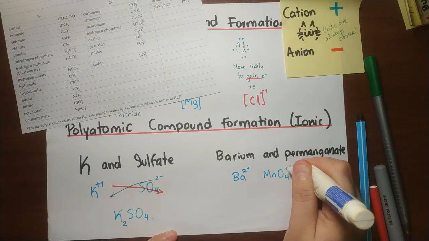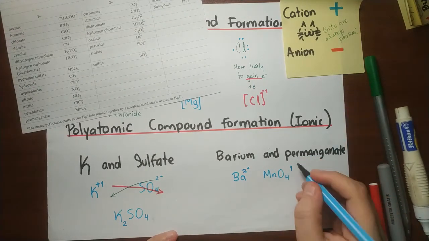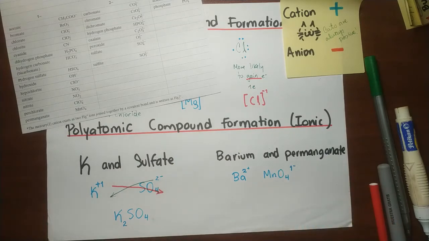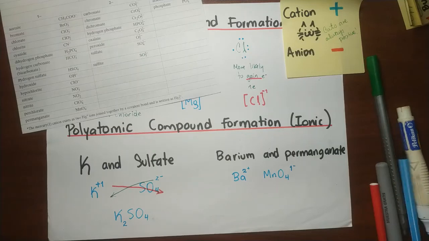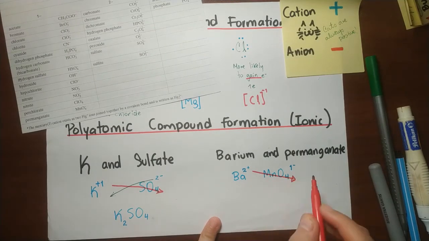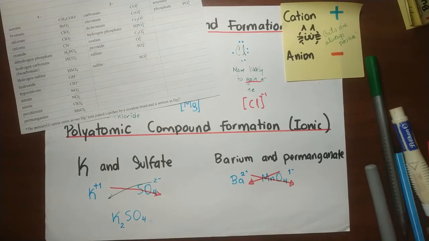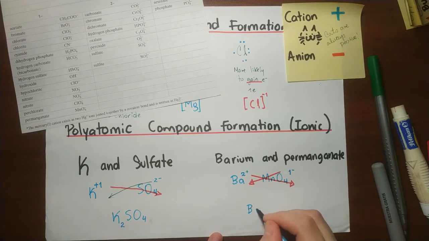Now take a look here. I'm going to make a change because the symbols are written after the charge, like that, not the way I had it before. So the idea is that now you have to crisscross the charges, okay? So you will have barium next to permanganate.